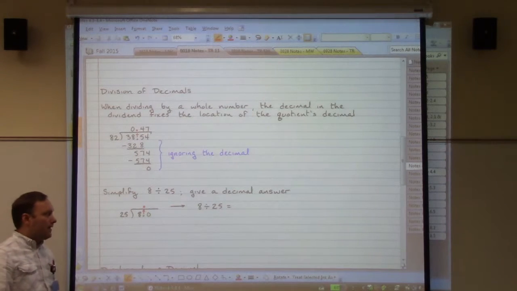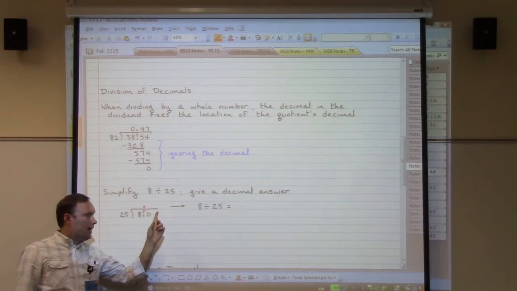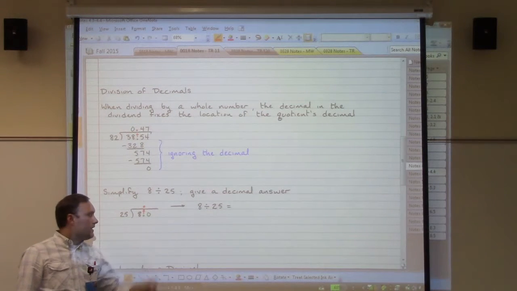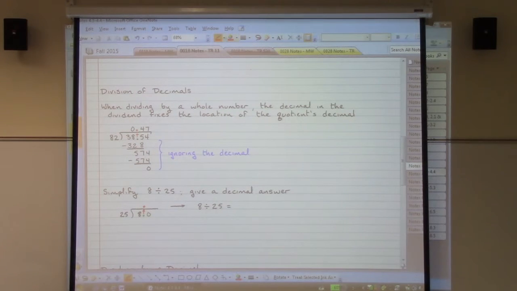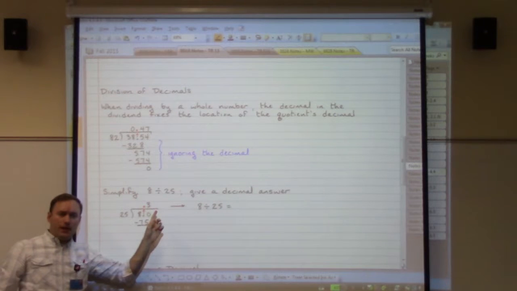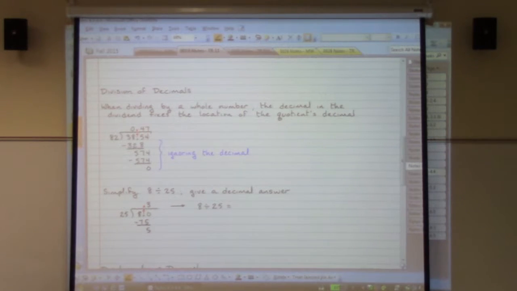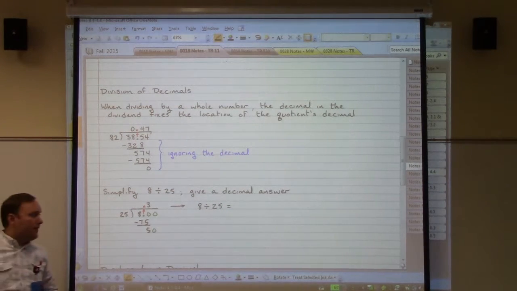Now at this point, I can go ahead and proceed with my division steps, remembering that if I need to, I can continue to add zeros here underneath. 25 goes into 80 3 times. 3 times 25 is 75. So I have a remainder for the moment of 5. I want to go ahead now and put an extra 0 in here so that I can drop that 0 down and ask myself how many times 25 goes into 50.